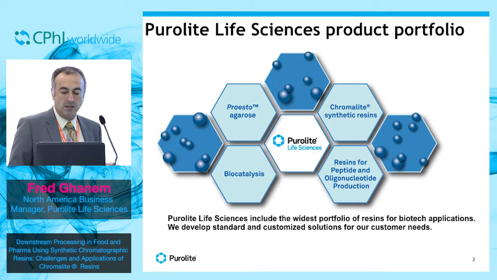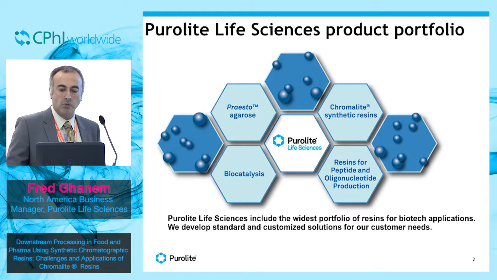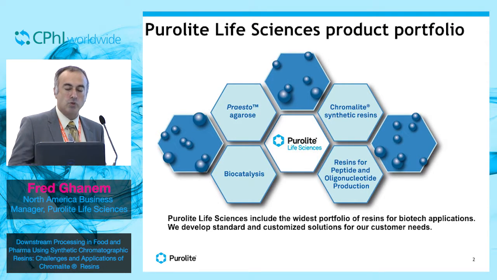We also have the resins that are used for peptide and oligonucleotide production. When you're synthesizing your peptide or oligo, they would use a resin to build up these peptides and oligos. But what I'm presenting here is mainly our fourth product line, the Chromalite synthetic resins.